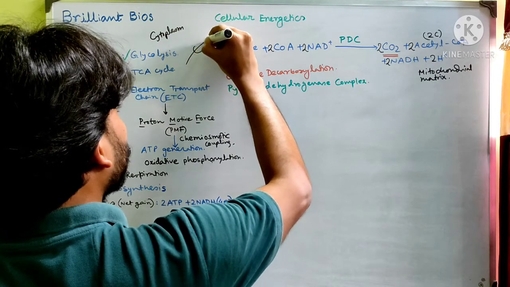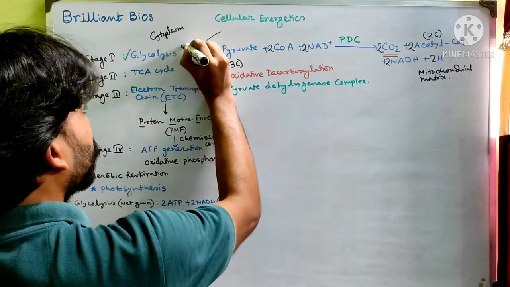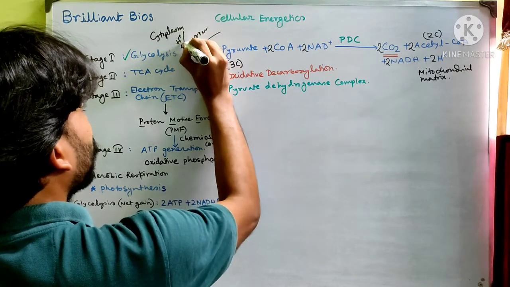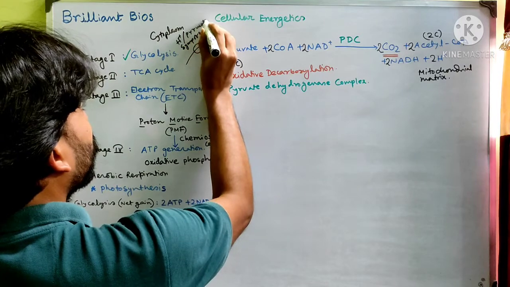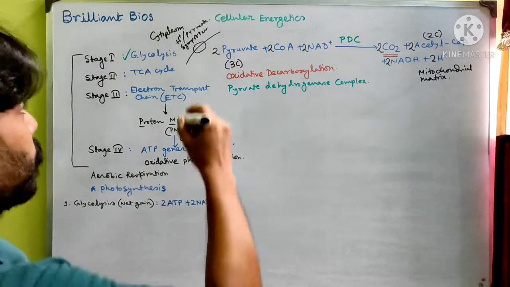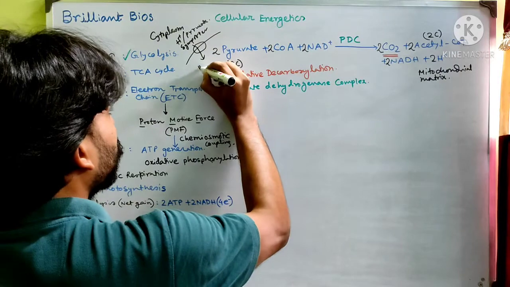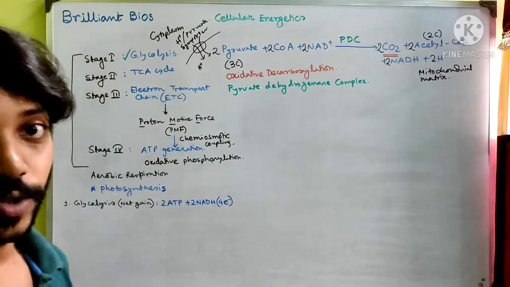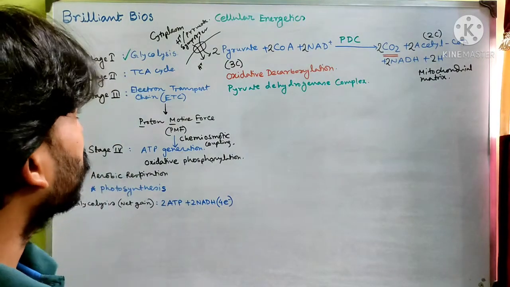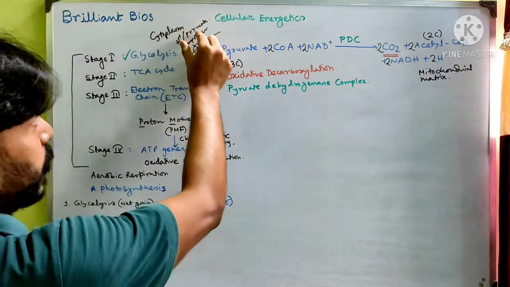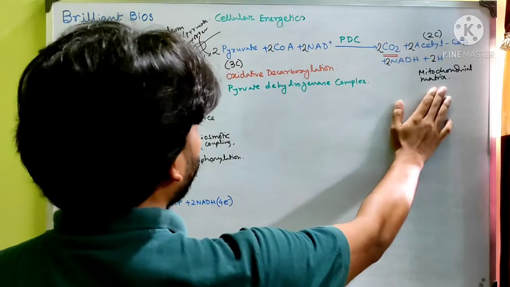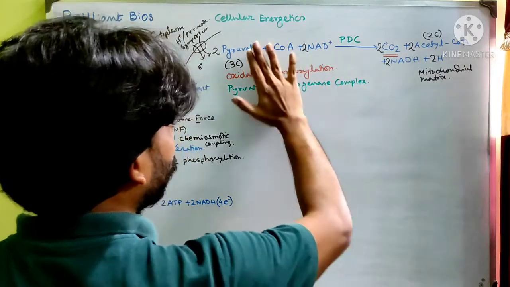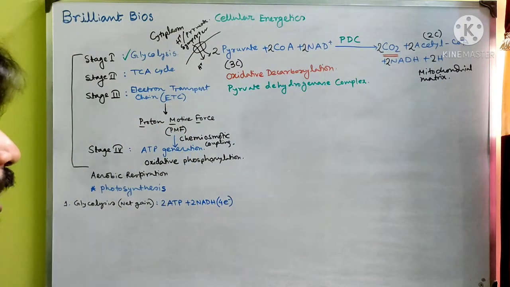There is a symporter called H plus pyruvate symporter that pumps hydrogen ions and pyruvic acid inside, and it takes energy. Now from the cytoplasm, pyruvic acid or pyruvate enters the matrix, and this enzyme complex is present in the mitochondrial matrix and causes these reactions.